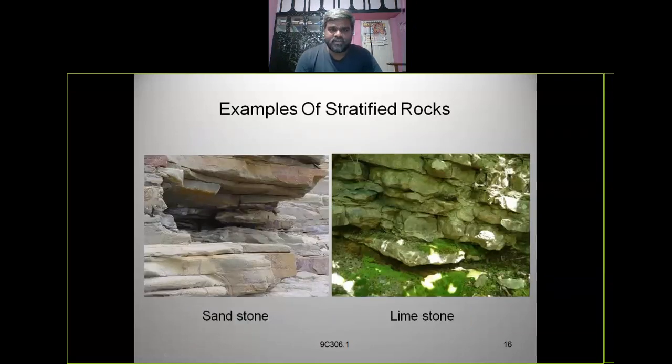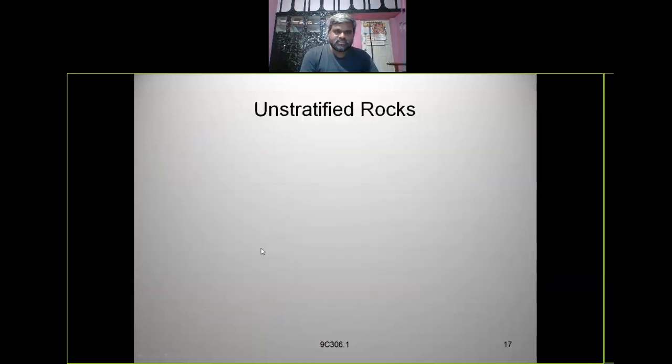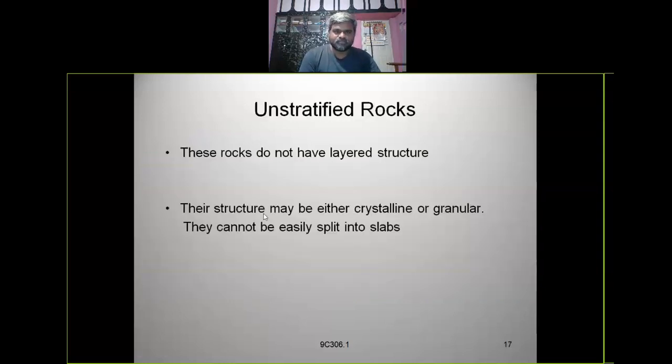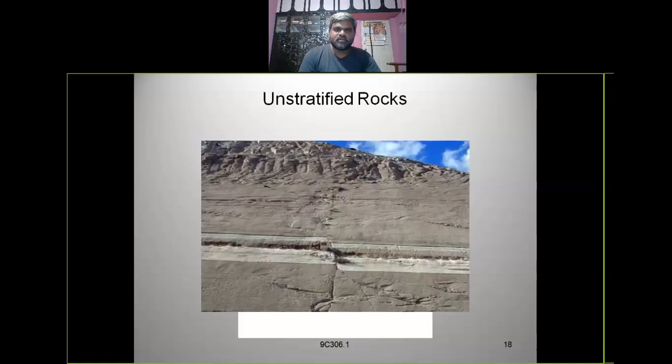These are the stratified rocks. See, the different layers are visible here. And these are the unstratified rocks. The solid stone is visible here.